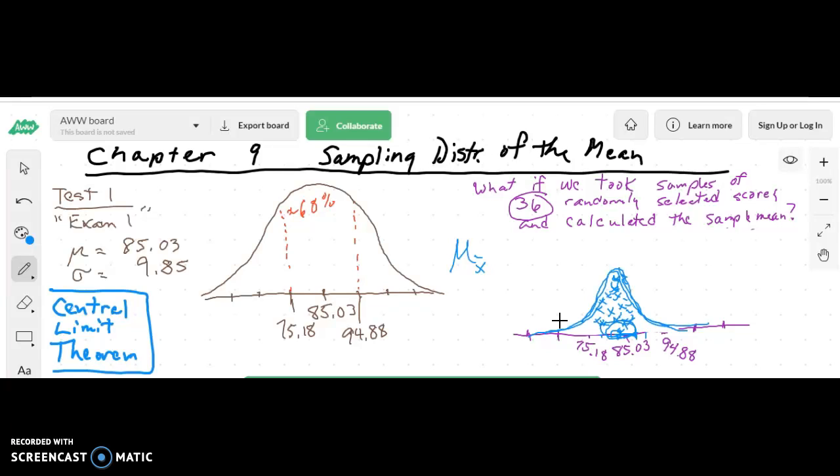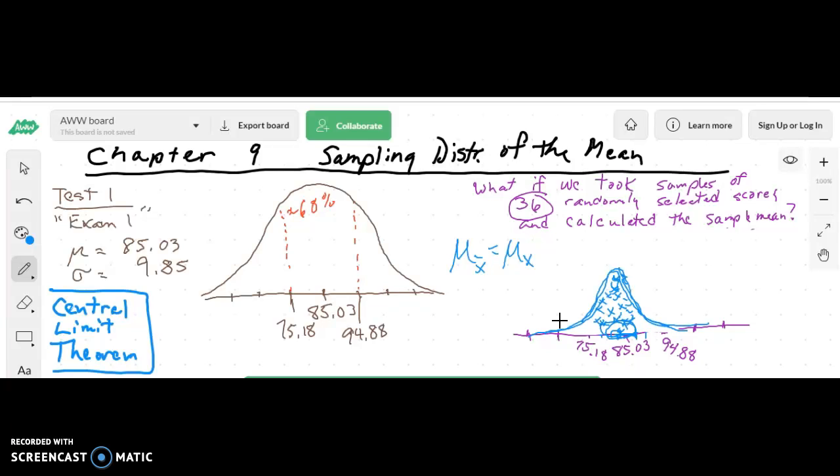If I continue to do that and find all of the possible combinations of 36 out of this original population and find their means, and I find all the averages of those, the averages of the averages is going to be the same as the average of the original one here. And I'll get to the point of why that's important later.